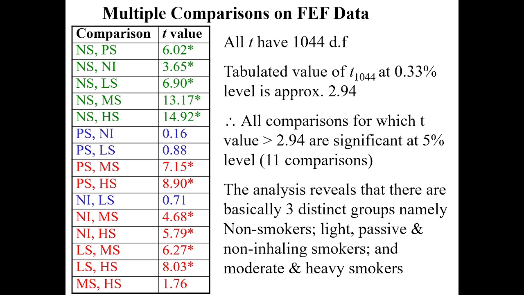All comparisons for which the t value is more than 2.94 are significant at the 5% level, not 0.33%, because the original 5% is for the entire test. For each comparison, because we have 15 comparisons, we divided 5% by 15. But the conclusion is that any t value of 2.94 and above is significant at the 5% level of significance.